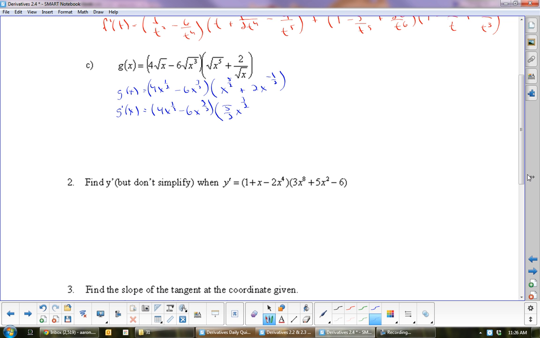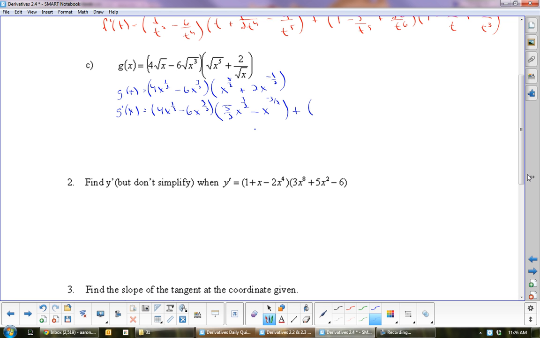Okay, what's going next? 2 times negative a half. Let's bring the negative half down first. Would be negative 1 to the, we're going to minus 2 over 2, so that should be negative 3 over 2. Plus, okay, that was first times the derivative of the second.